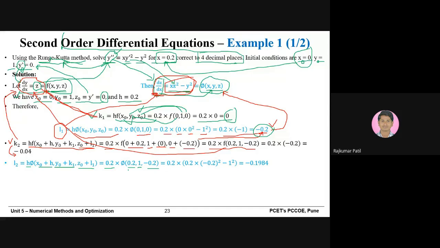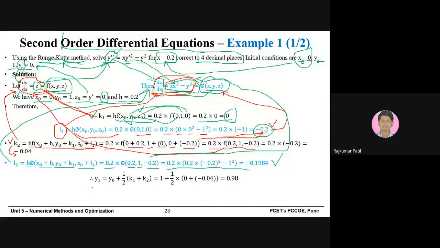So put the values 0.2, 1 and minus 0.2 in our equation. Here you can see in this equation we need to put these values as L2 is related to this equation. L2 is related to the equation dz by dx, and upon simplification you will get L2 as minus 0.1984.